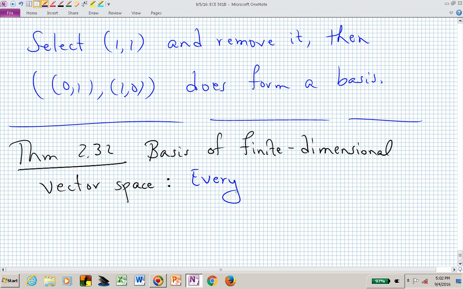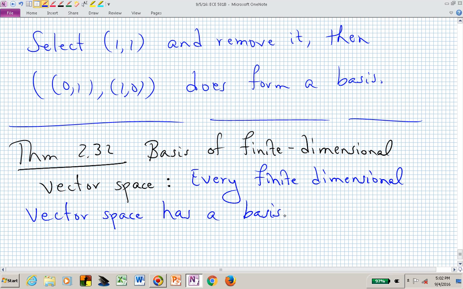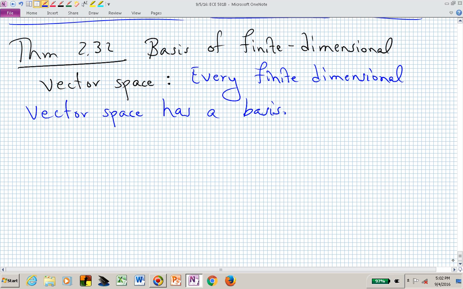This says every finite dimensional vector space, we can actually find a basis for that vector space. Every finite dimensional vector space has a basis, which is nice to know.